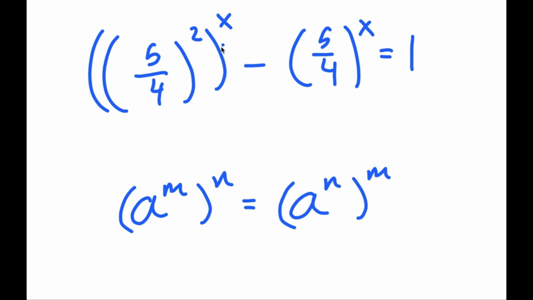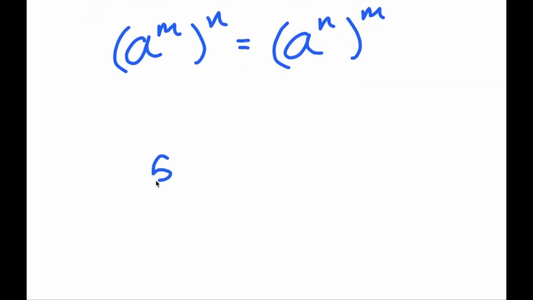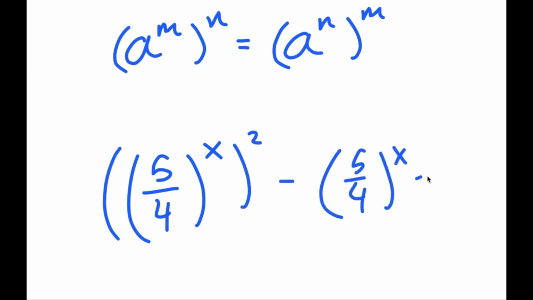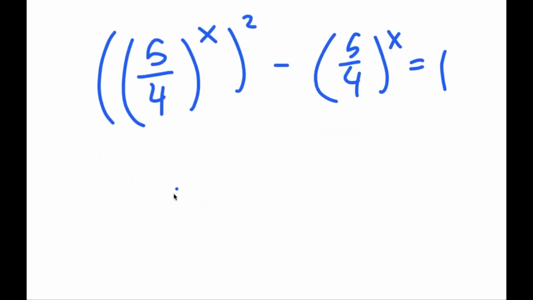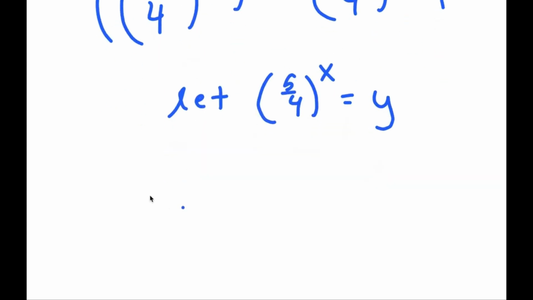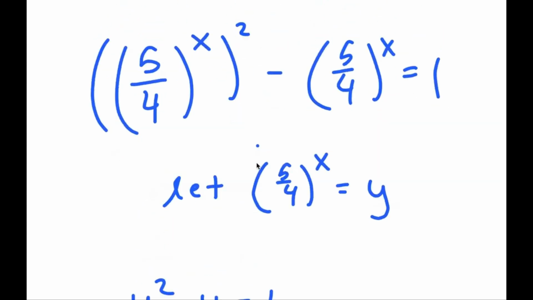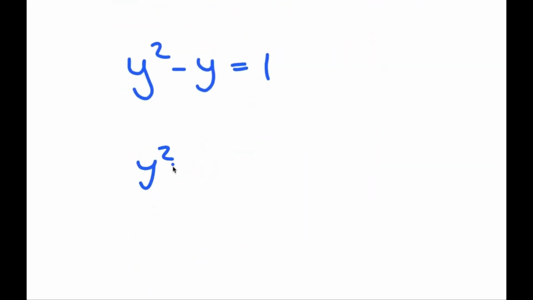So 5 over 4 to the power of 2 to the power of x turns into 5 over 4 to the power of x to the power of 2. And from here, I'm going to let 5 over 4 to the power of x equal to the variable y. So now I have y squared minus y is equal to 1. And this means that y squared minus y minus 1 equals 0.